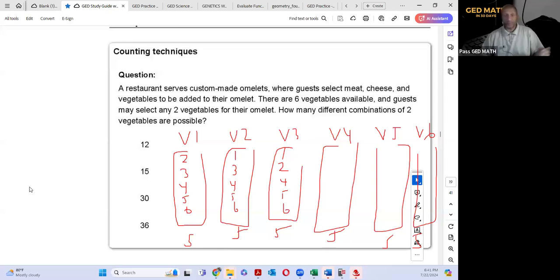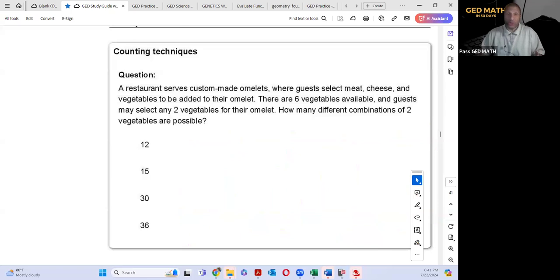Now, watch this. Again, I'm going to show you how to do any of these problems in less than a minute. This is called part of permutations, right? 6 choose 2. So I got 6 vegetables.